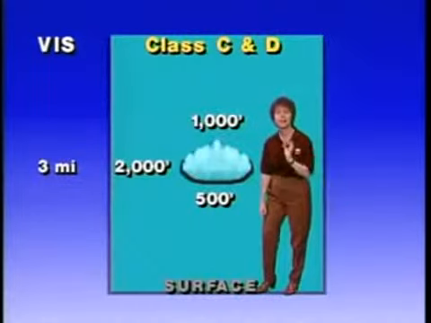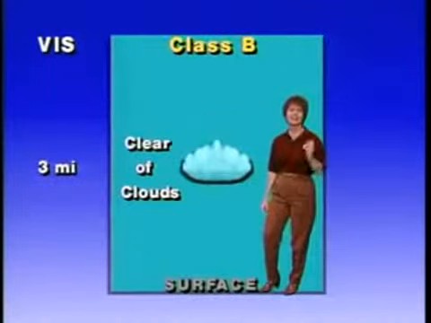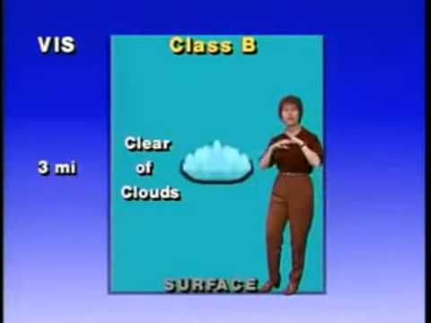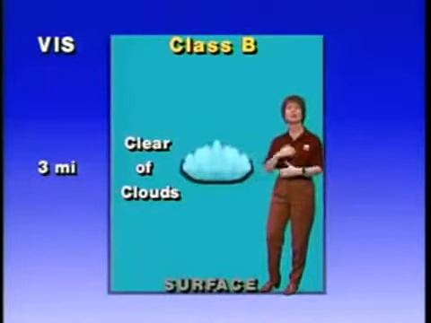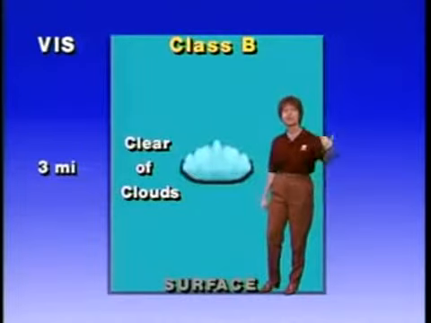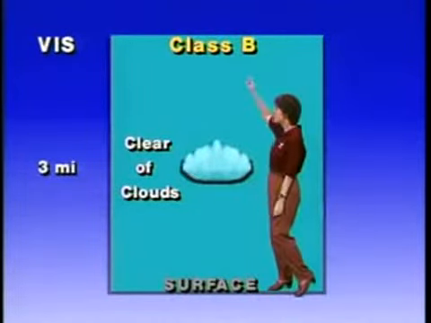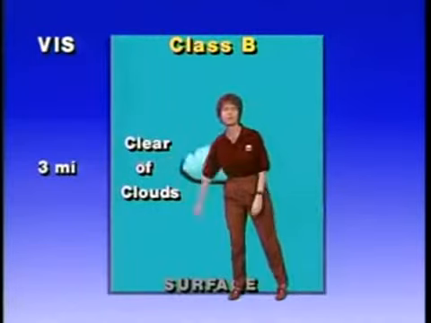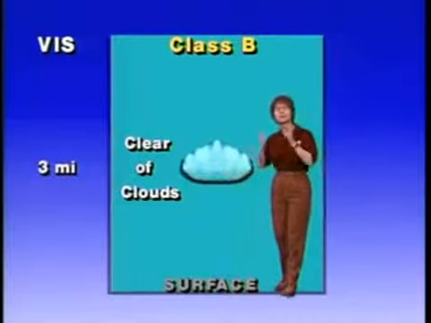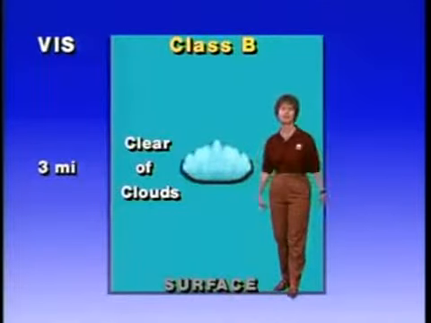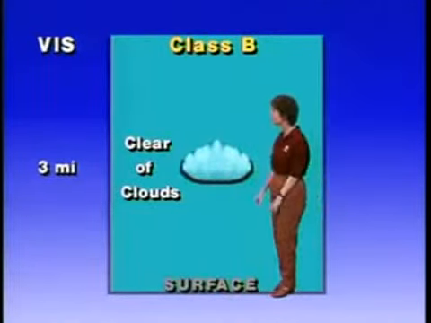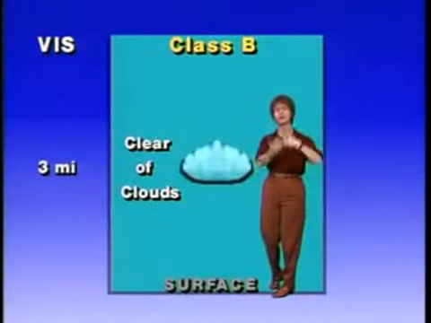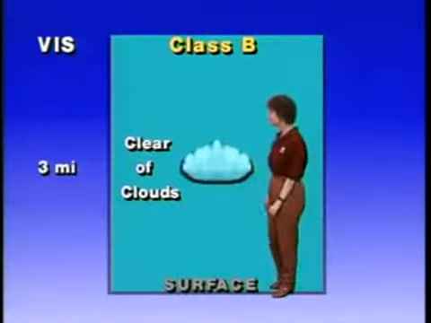How about Class B airspace? Class B airspace is where our big aircraft are, and everybody is operating on a clearance from the controller, and you've got to get permission to enter there. In Class B airspace, you need the 3 miles visibility, but because the controller is separating everybody from everybody else, you don't have to maintain a certain distance from clouds because you're not the one watching out to separate yourself from other aircraft.